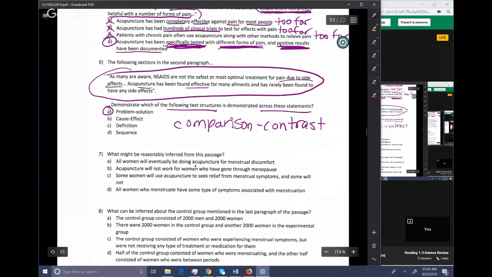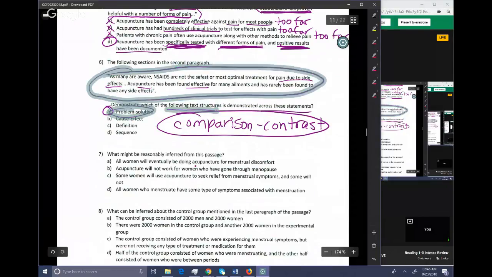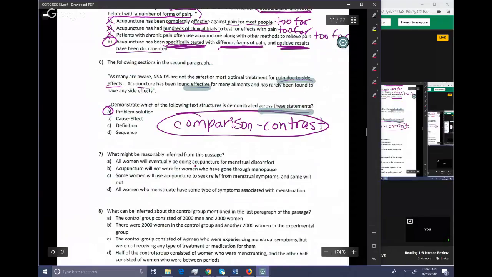So this is a direct contrast from one thing and its benefit, disbenefit, right to the other and its benefit, disbenefit. They would never put compare, contrast, and problem solution, because in this particular instance, and this is actually a rare instance, it is totally and completely both. It's very rare that something could actually be both.